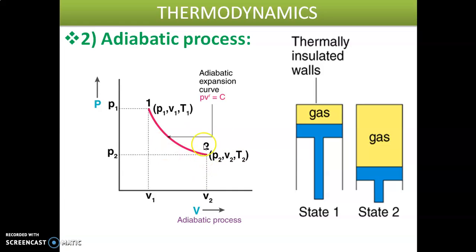So finally, how can we define the adiabatic process? The process in which the working substance neither receives nor gives out heat to its surroundings is known as the adiabatic process. In this process no heat leaves the system and no heat enters the system. So Q is equal to 0.